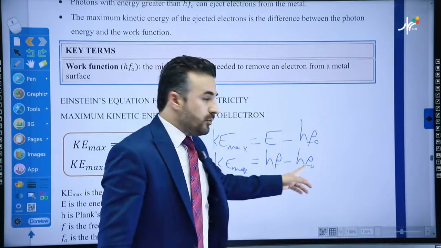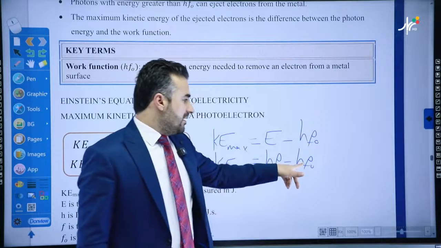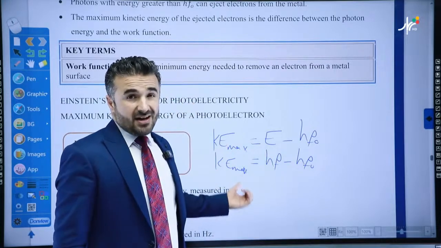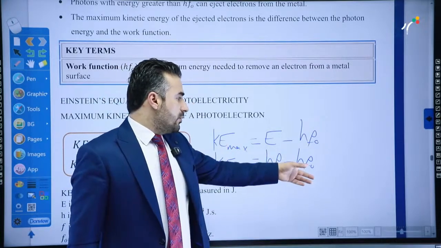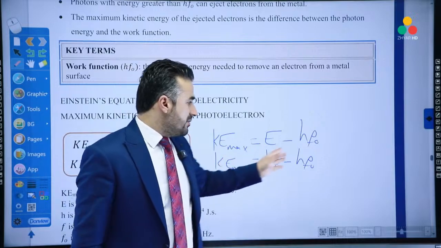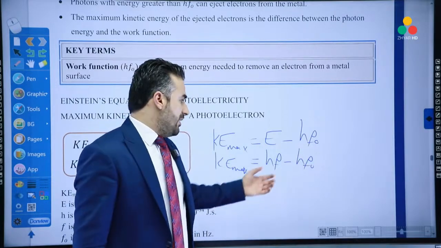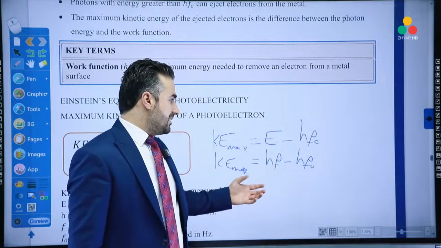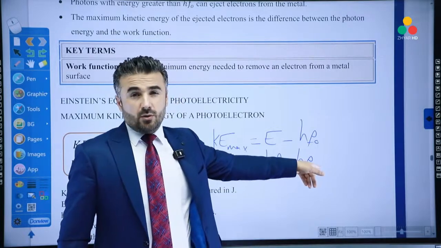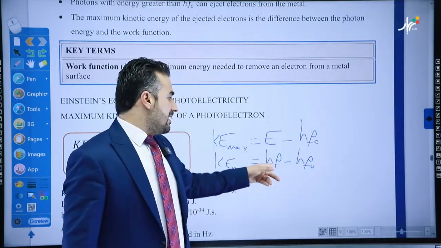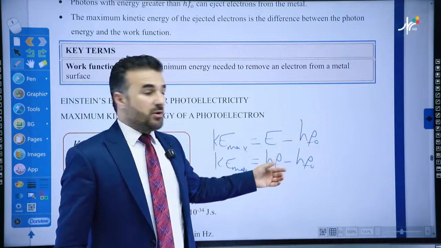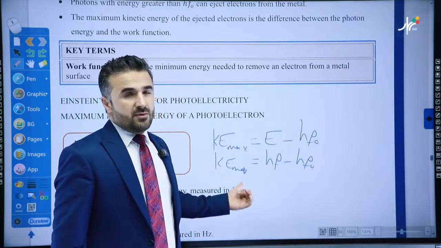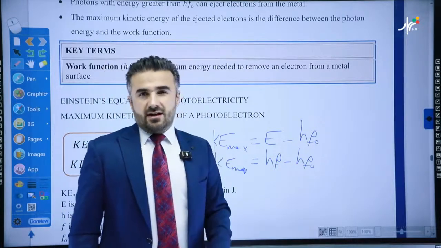Sometimes you will be asked to find the work function given the maximum kinetic energy. You will take the work function to the other side and bring maximum kinetic energy to this side, and you will be able to find the work function for any metal. Sometimes you will be asked to find the threshold frequency given the frequency of the incident wave and the maximum kinetic energy. That is pretty simple.